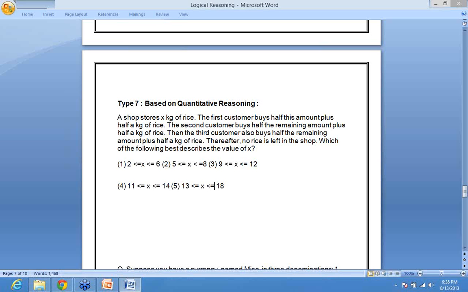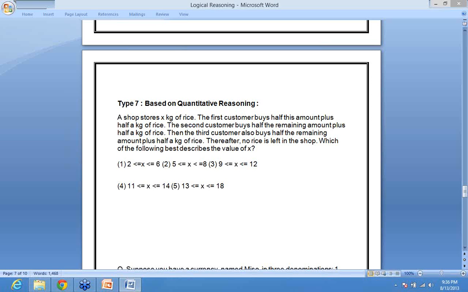In cases where the options are arranged in ascending or descending order, like this case, it's in ascending order: 2 to 6, 5 to 8, 9 to 12, 11 to 14, 13 to 18, right? So if the second option is eliminated, you can guess that the answer would be either on the higher side or on the lower side, right? So immediately one more option would be eliminated.